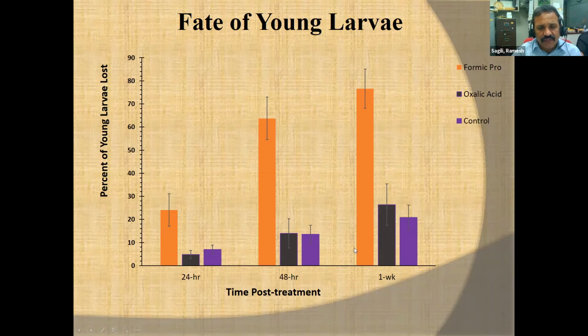Even after 48 hours or after a week, there was no significant difference between controls and oxalic acid. But with formic, you can see there is big damage here. About 72% of the young larvae were lost after a week.